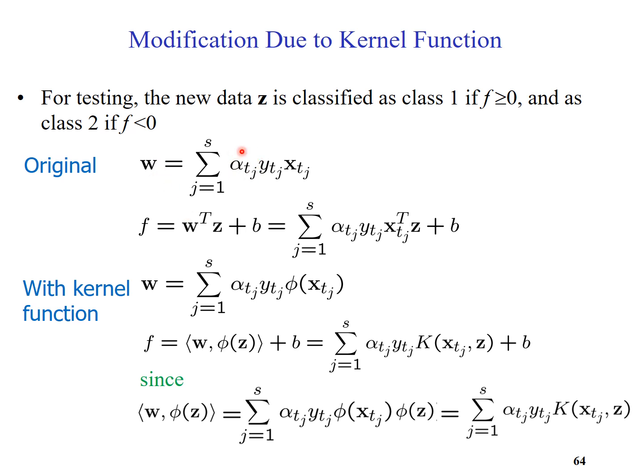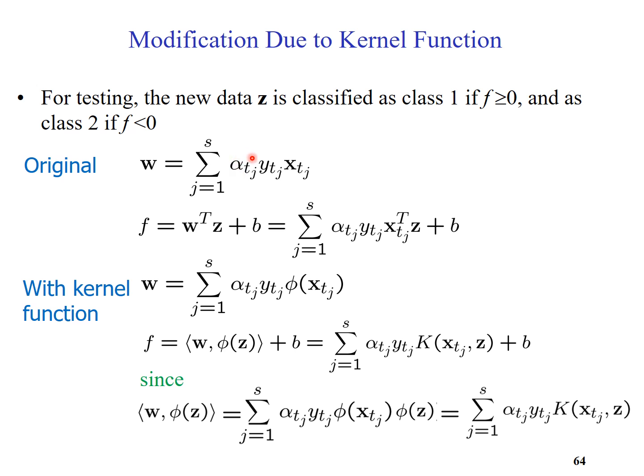By the way, this alpha value is kind of the importance of each data. You can regard this alpha value as the importance of each data. If a certain data is a support vector, its alpha value is not 0.